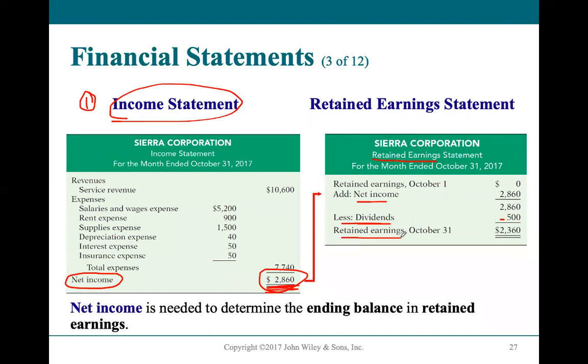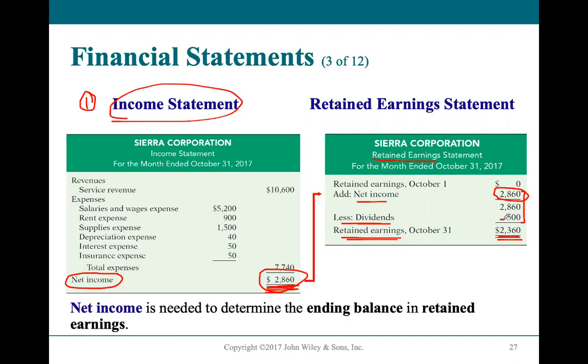Thus, what's actually retained is the difference between the net income and the dividend that's being paid. So $2,360 of the $2,860 profit has been retained, kept in the corporation to invest in assets.